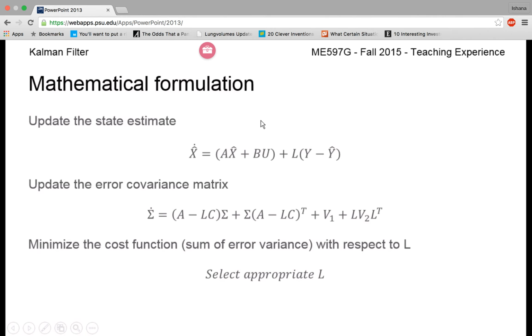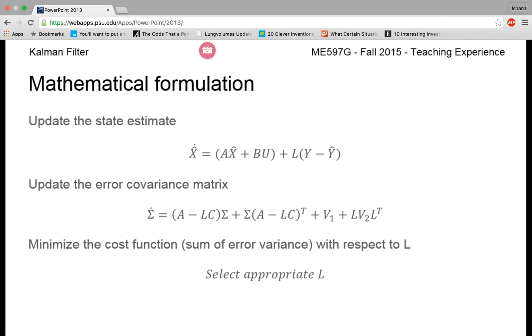So now a brief recap of whatever we've done so far. We have found a relation which shows us how our estimate should vary with time. This we get from the observer equation. And from the previous slide, we have a relation which shows how our error covariance matrix varies with time, which is this relation.